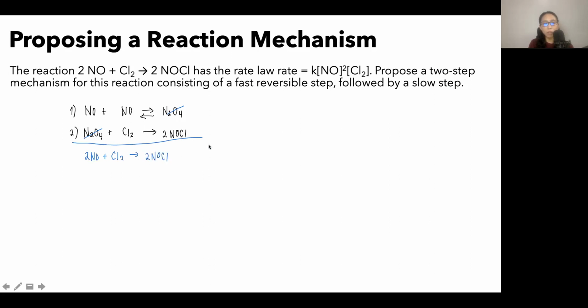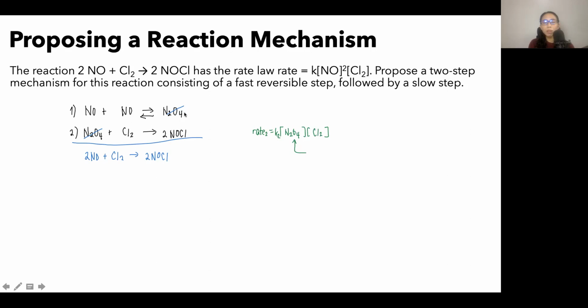But again, we have to check if the derived rate law is in accordance with the experimental rate law. Our basis will be the second step. In the second step, we have the intermediate N2O4 times Cl2. So again, this is our problem. We have to eliminate N2O4.